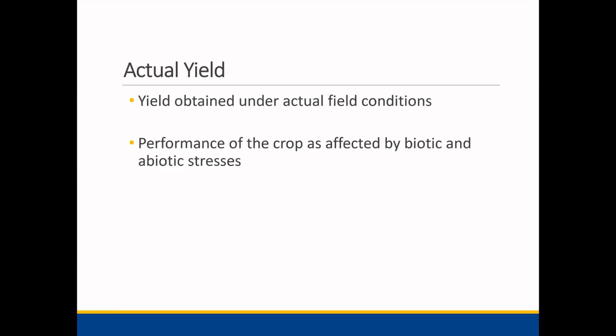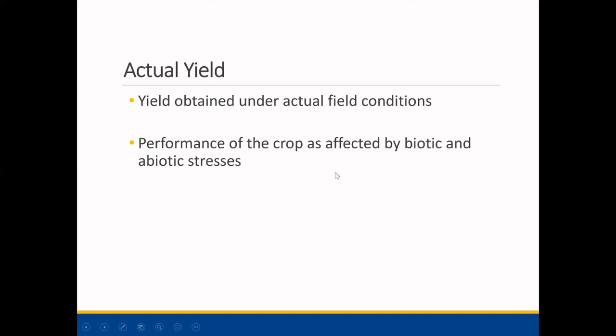But most of the time, in practical situations, what we get is the actual yield. That is the yield we obtain under actual field conditions. The performance of the crop is affected by biotic and abiotic stresses. Obviously, when you grow the crop in the field, it will face different stresses. The biotic stresses can be pests, diseases, weeds. Abiotic stresses include drought, heat stress, salinity.